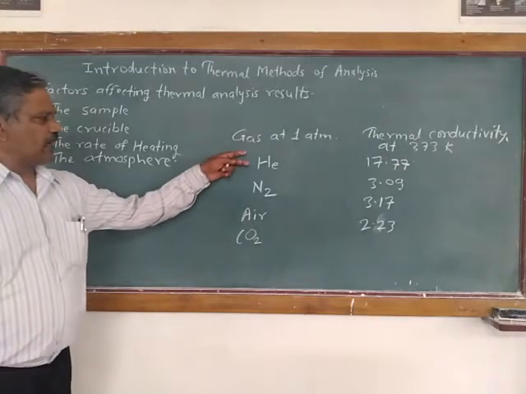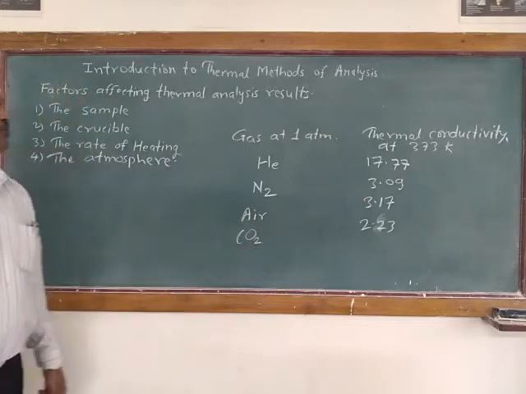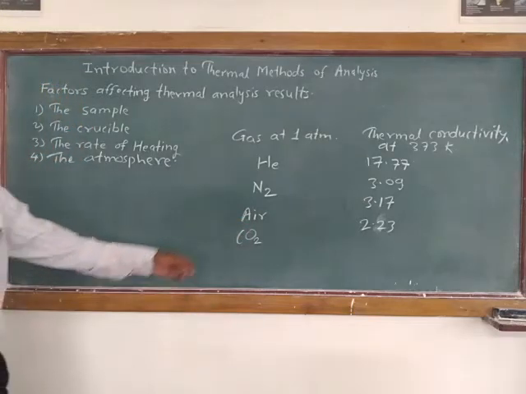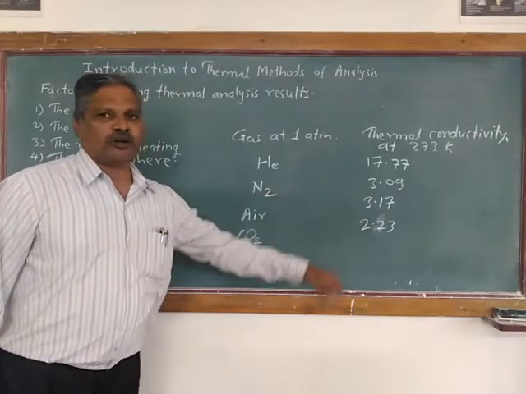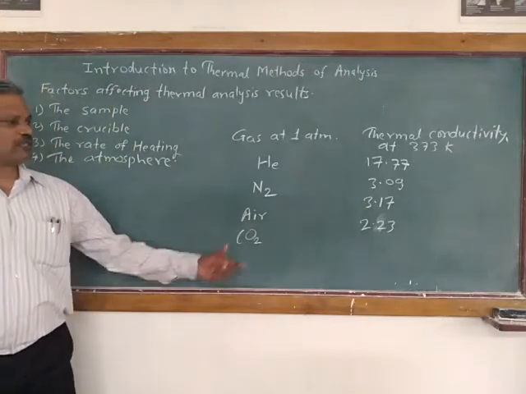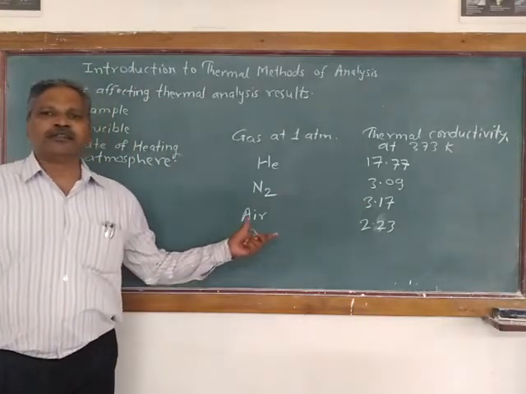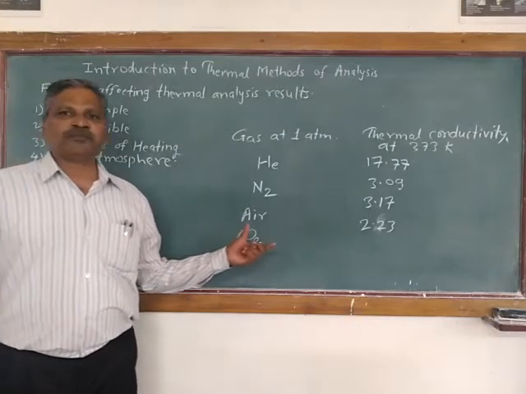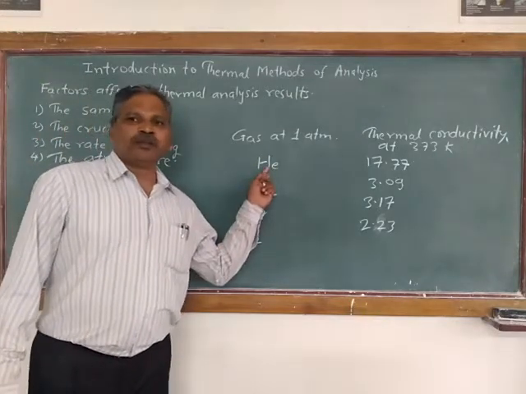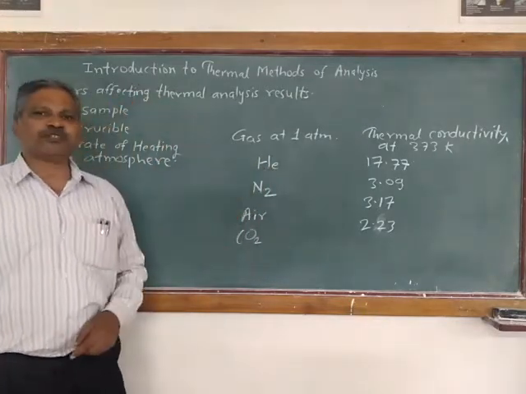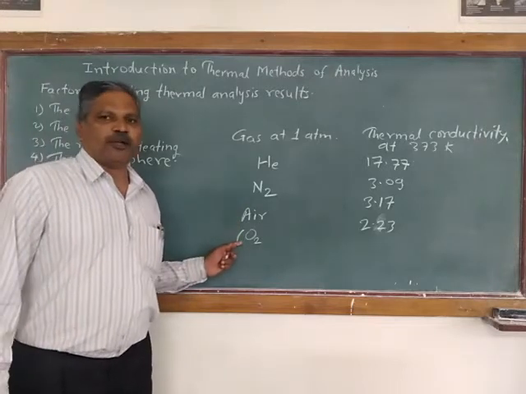These are the four different gases which are used for the atmosphere, and these are the thermal conductivities of these gases. From this table it is clear that the heat transfer by conduction through helium will be nearly 8 times greater than that of carbon dioxide.